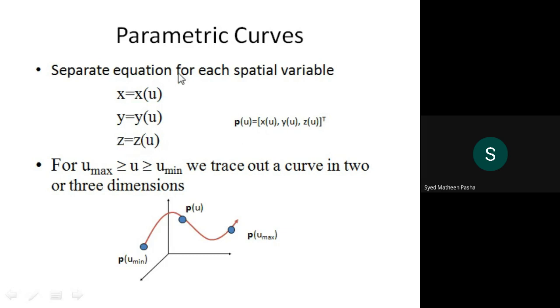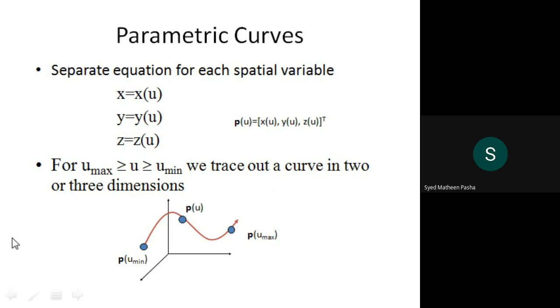Before moving on to these x, y, z planes, we have to define a point with respect to which the curve is drawn. The point is given by p of u, which is defined by all the terms inside the braces, taking the transpose of x, y, z with respect to the curve. So this is how parametric curves are defined.